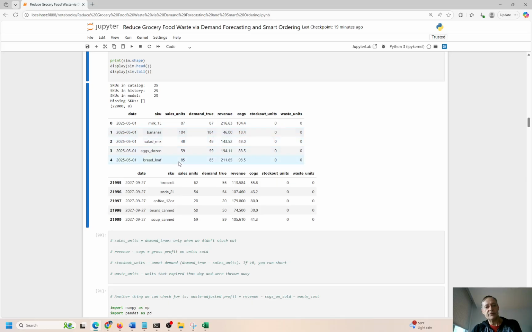So all these sales units and demand true are the same because there's no stockouts, right? That's a goal here. We want to prevent stockouts, and we want to prevent items from sitting on the shelf for days and weeks and months, and it just drags on, right? So I'm also looking at revenue and COGS.